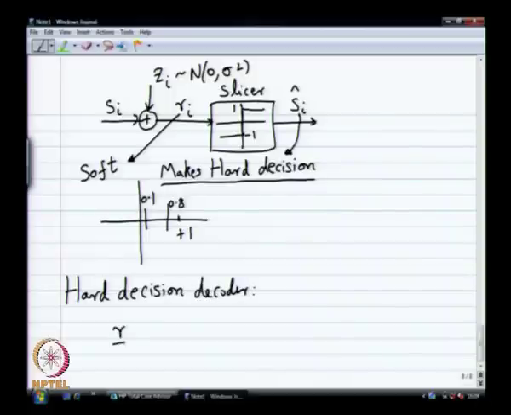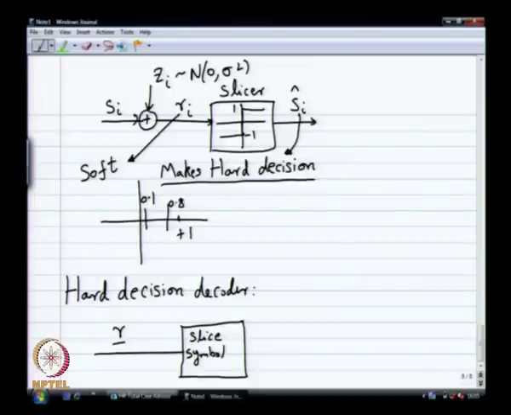So when you get R from before, okay, so this R is coming from before it. In the hard decision decoder, the first thing you would do is slice symbol by symbol. So you would get something.